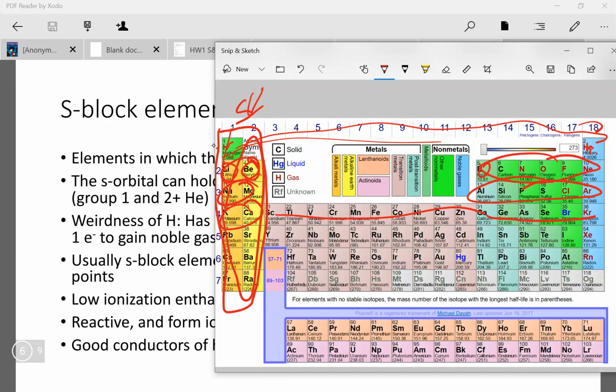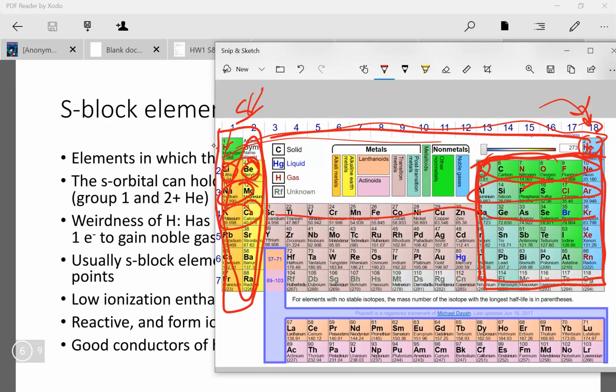Over here are called the p block elements, except for helium, because helium is technically part of the s block because it's a 1s2. It's just put here because of its noble gas configuration, because it has very similar properties to all the other noble gases. Therefore, it's shifted over here on the periodic table, but it is technically part of the s block.